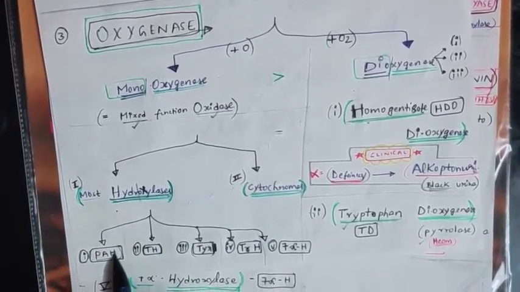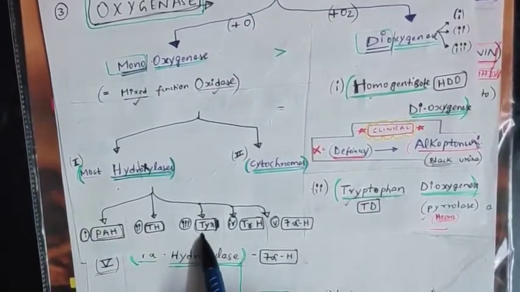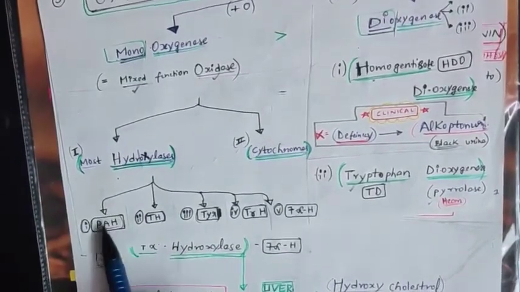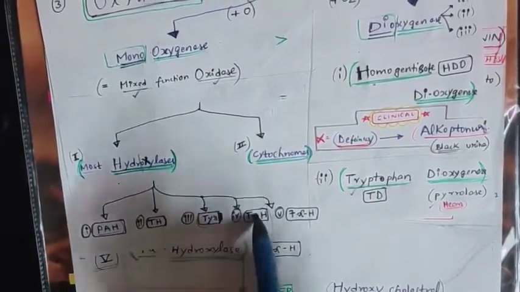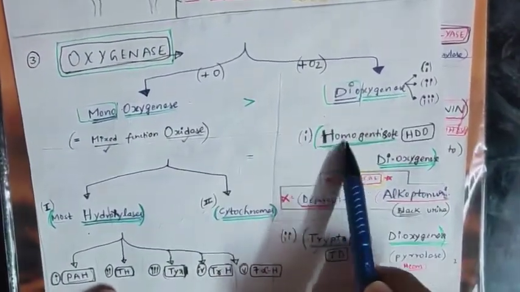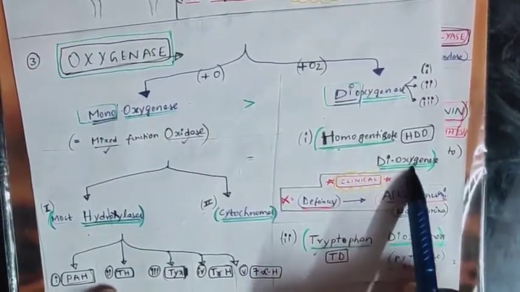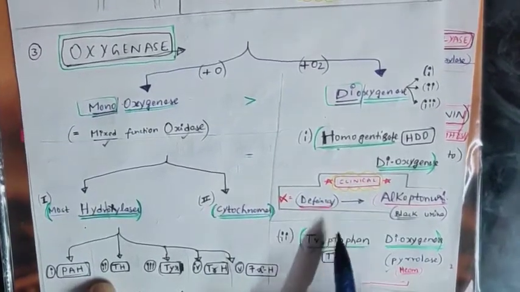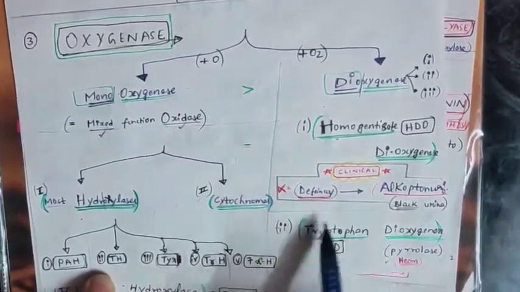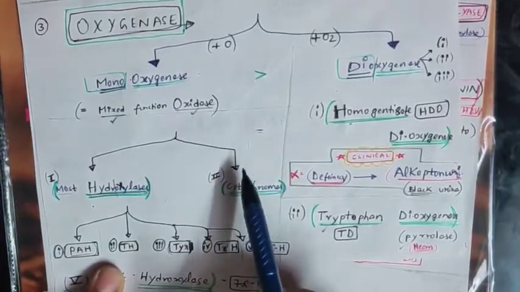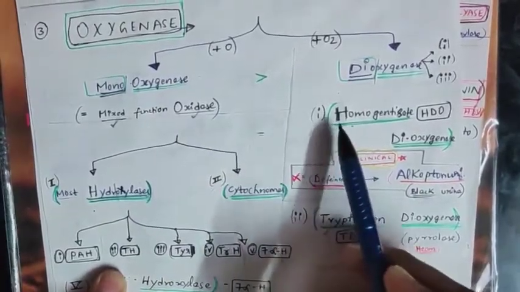That is the reason we have nearly 5 types of hydroxylases. Okay, I will explain it later. Coming to dioxygenase, we have homogentisate dioxygenase, tryptophan dioxygenase. I will explain all this later on the next page.